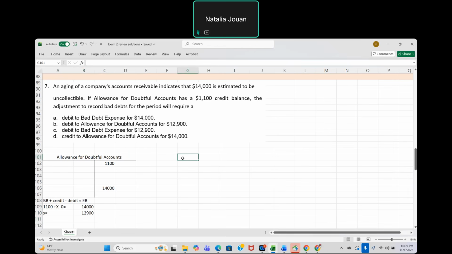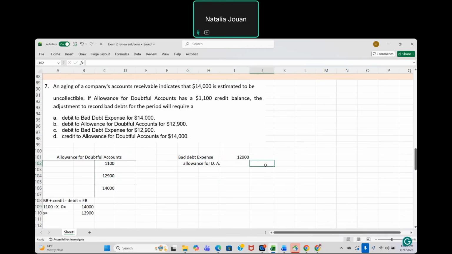So our entry will be bad debt expense. We're using the allowance method, obviously. Allowance for doubtful accounts, which is our credit, as we just determined that this has to be the credit. So that's exactly what we're going to do.